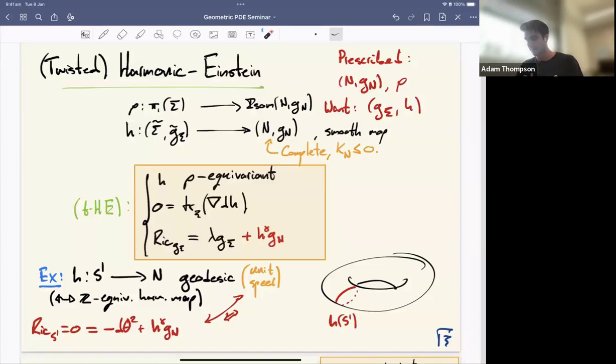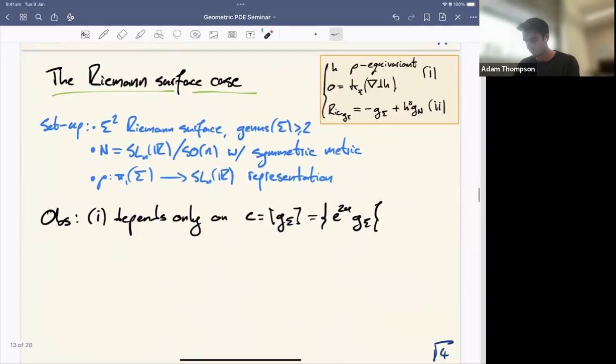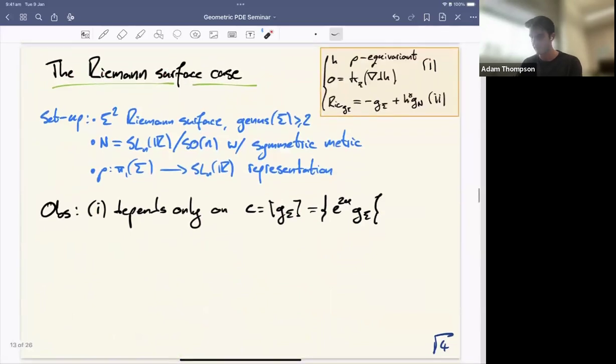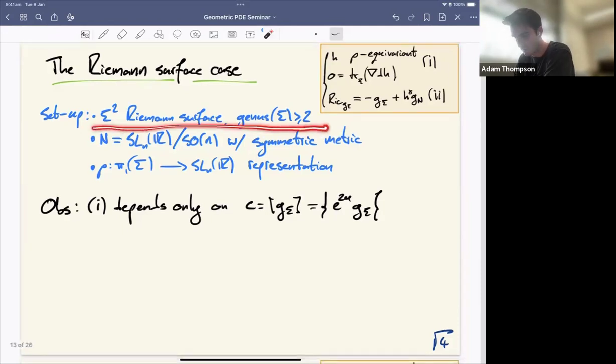And so then the next dimension up is the Riemann surface case, and this is the first non-trivial dimension. So this is what I decided to study in my master's. Okay, so the setup here is, now I'm going to take my domain, this Σ, to be a Riemann surface, and I'm going to ask for the genus to be greater than or equal to 2.